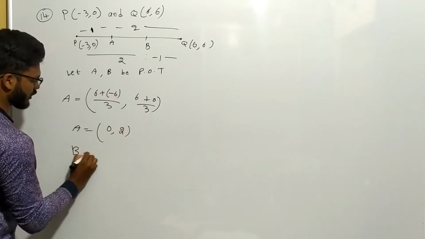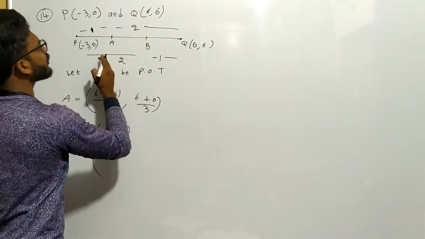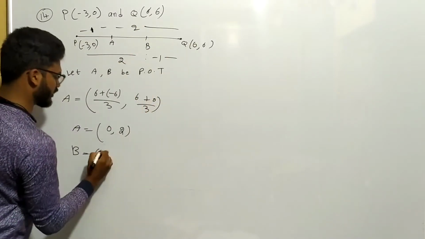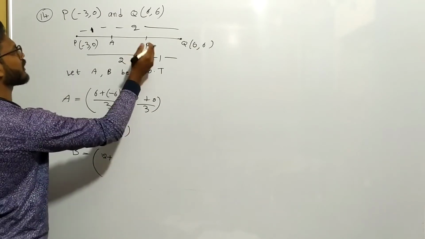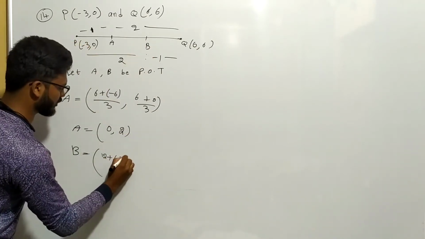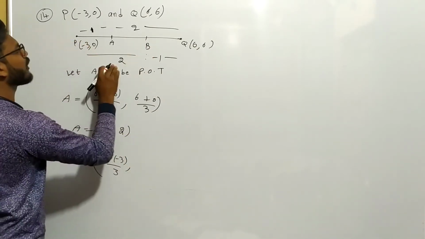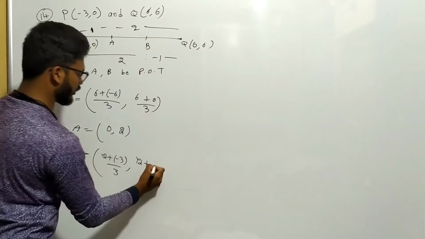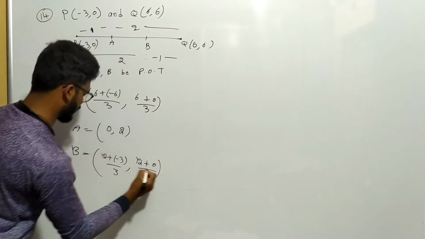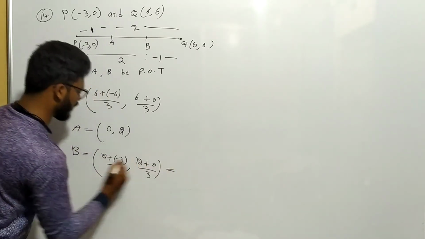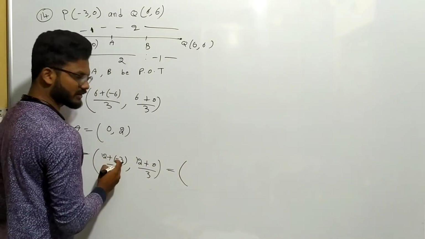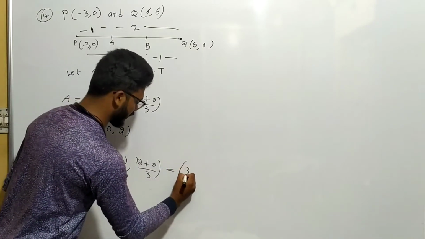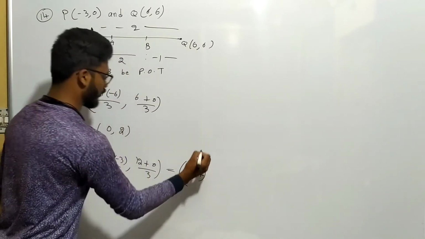And B divides in the ratio 2:1, right? 2 into 6 is 12 plus 1 into -3, by 3, comma, 2 into 6 is 12 plus 1 into 0 is 0, by 3. Nothing but B equal to 12 minus 3 is 9, 9 by 3 it is 3, comma, 12 by 3 it is 4.